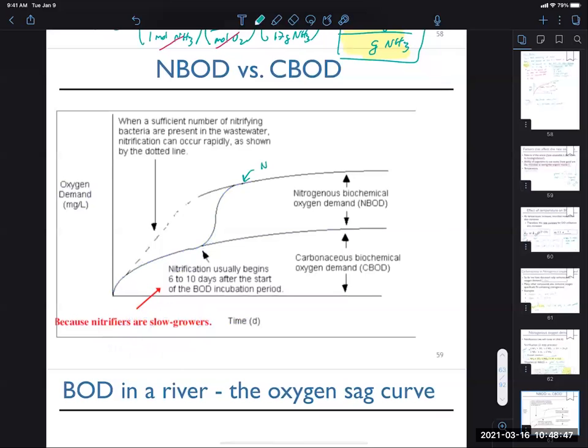So another way to think about this is NBOD kicks in as nitrifiers enter the growth phase. This initial part we could call like a lag phase. They're not growing very quickly.